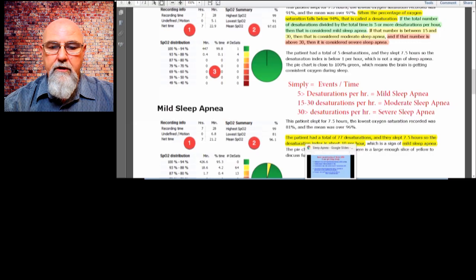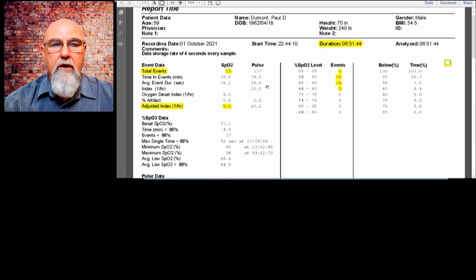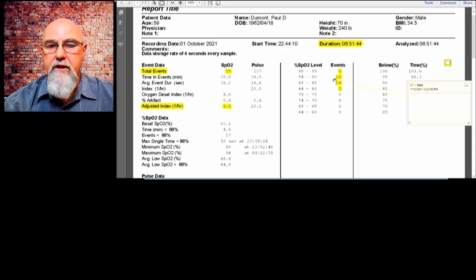So let's look at these tests here. I have a couple that I saved. Let's start with mine. You can notice here, again, you can see my weight, my BMI. I'm a heavyset guy. My age is 59. And the duration of my sleep was 6 hours and 51 minutes. These are the events that occurred at different oxygen saturation levels. From 94 to 90, I had 26 events.